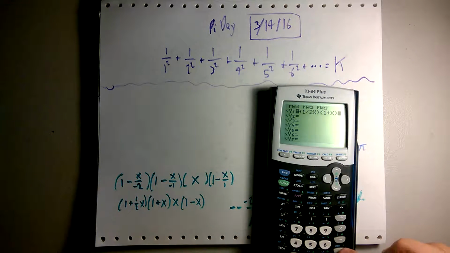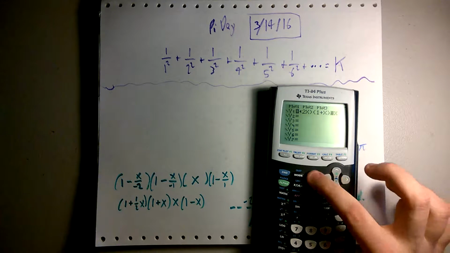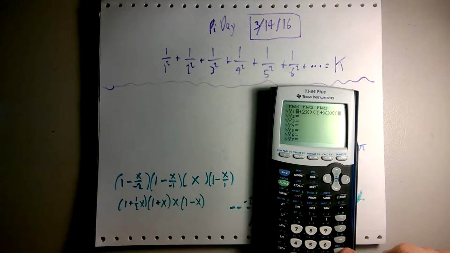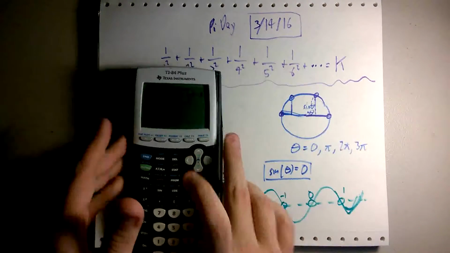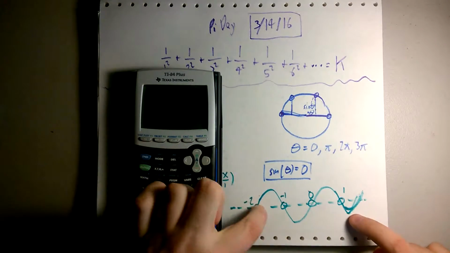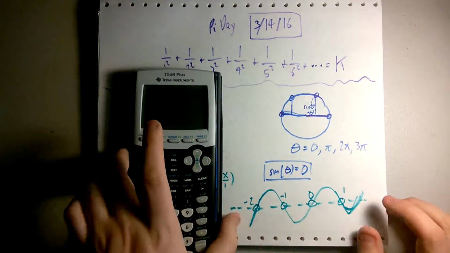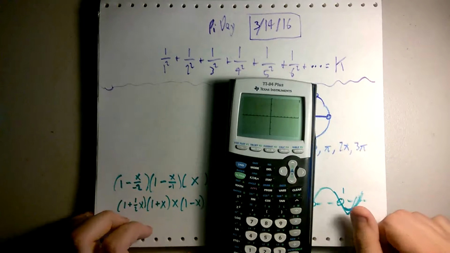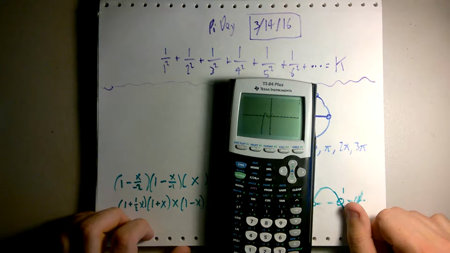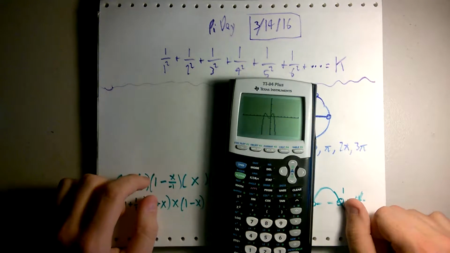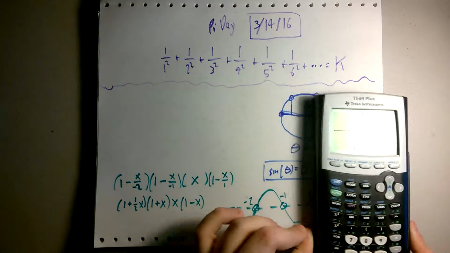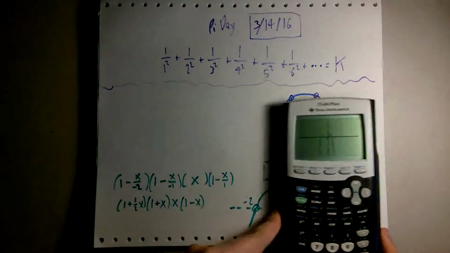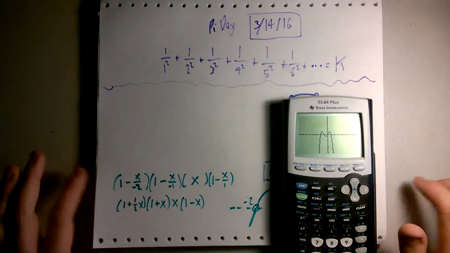Then we also have an x. Oops, multiply. And then we also have a 1 minus x. So this equation should look roughly like this shape. It might go the opposite direction, but as long as it goes through those points, we're good. And check that out. That's just beautiful. You can see it go through each one of those points, just like we told it to. Oh, it's just so perfect.